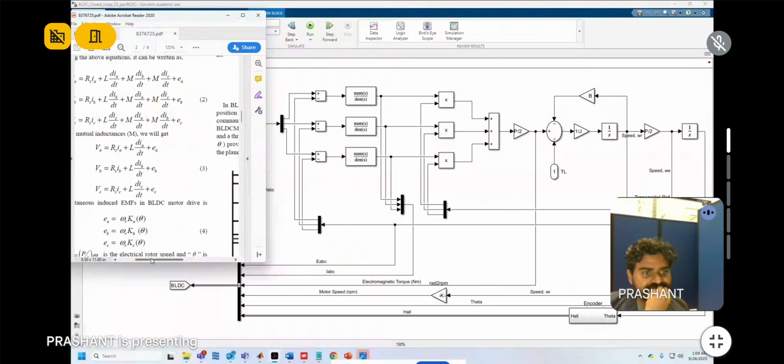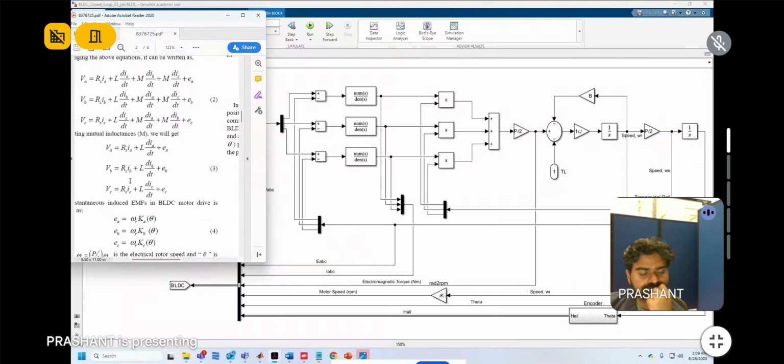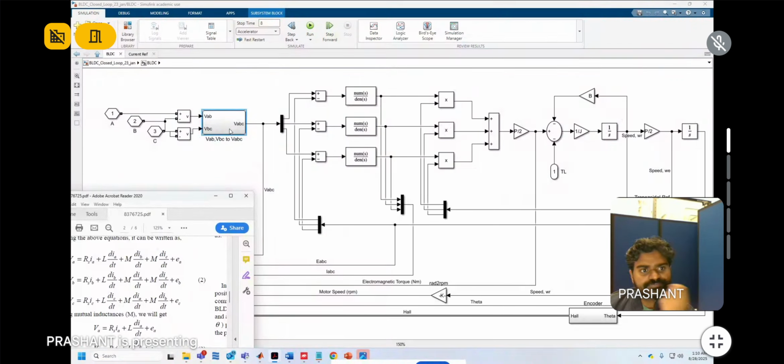So I am starting with equation 3 first. Let us take phase A for the illustration purpose. There, VA is equal to IR plus L di by dt plus EA. From the phase voltage we are getting VA, VB, VC.